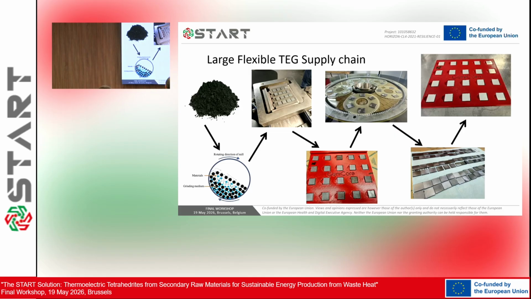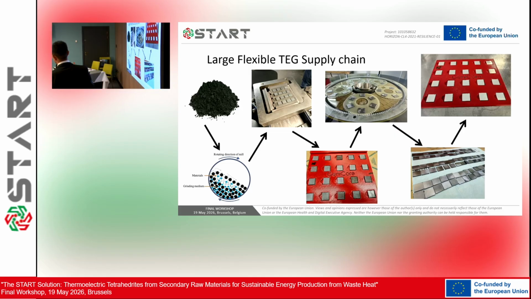And here is also a summary of how these modules are built. You're familiar with some of the processes that MAN is the expert in, and we got the pellets from Genicore. This is also how we produce the pellets in a stacked manner. This is how we do the polishing and grinding, two layers.